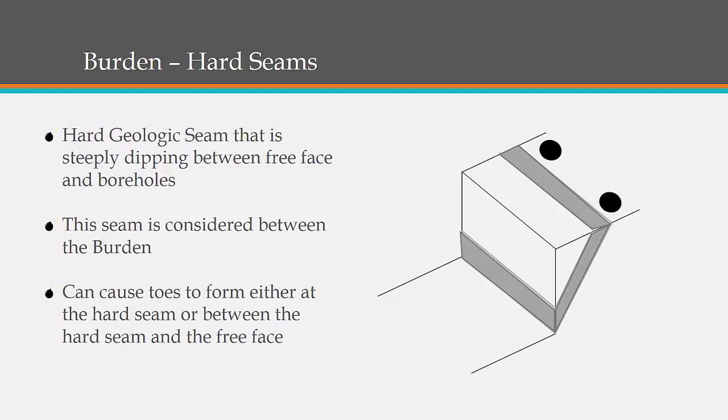When this is in between those two black blast holes and that free face, this can cause tows, and this is going to be a tow caused by the burden. And so this is going to be something we'll see generally at the face or wherever this hard seam intersects the floor, or directly behind it still in that softer rock. But generally we're going to see that hard seam present in the toe.